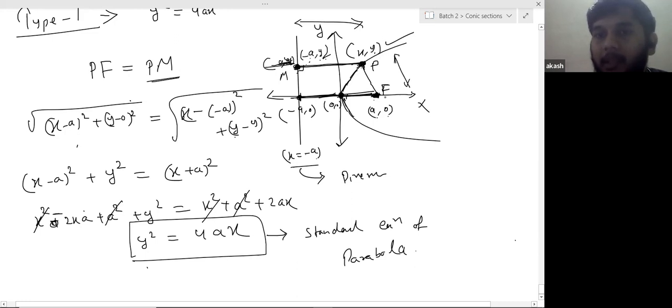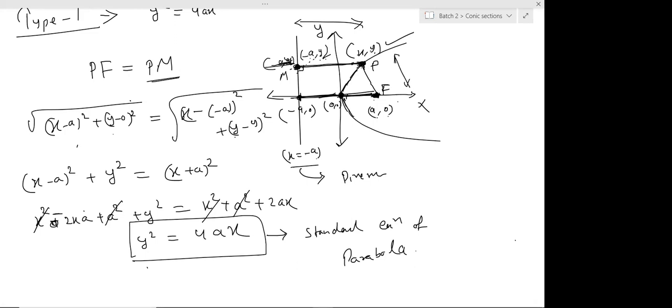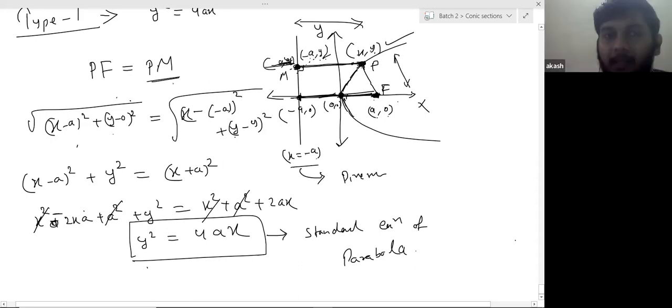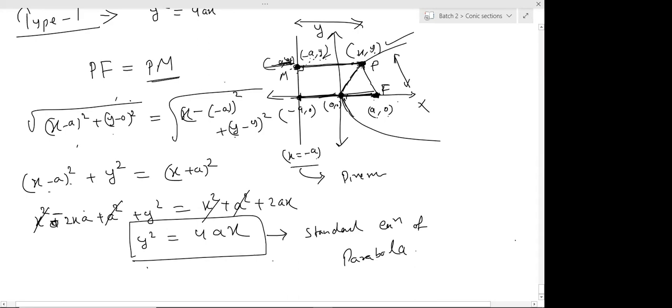Square root of x minus a whole square plus y minus 0 whole square, and the distance between them is square root of x plus a whole square plus y minus y whole square. Now I cancel the under roots, open the brackets, and this is what I get. This is the equation of parabola. Write it down.